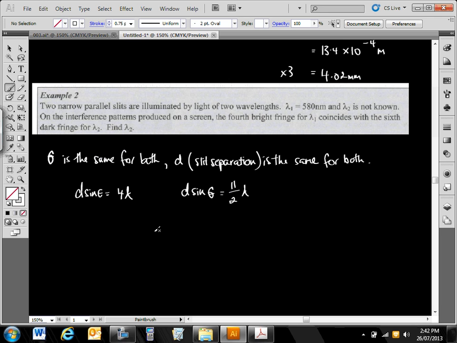So knowing that d sine theta is the same, 4 lambda 1 is equal to 11 on 2 lambda 2.